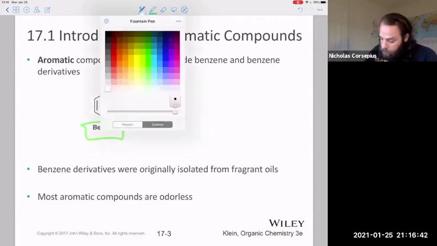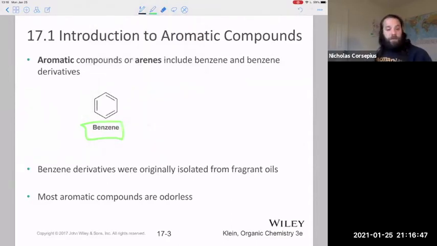In addition to talking about benzene, we're also going to talk about some derivatives of benzene, okay? So an example would be this guy right here. It's a benzene with a methyl group. The pain about benzene and benzene derivatives is that a lot of them have their own special names. Like, you would want to call this methylbenzene.